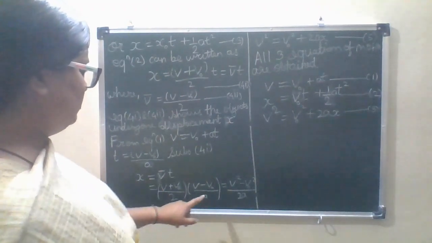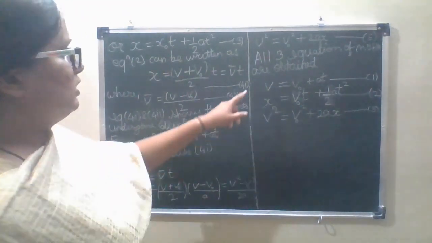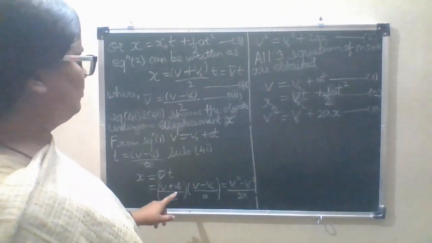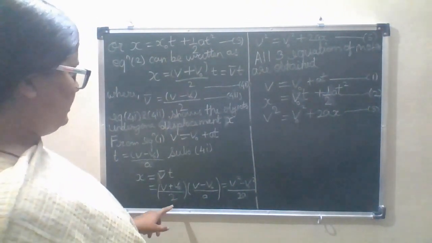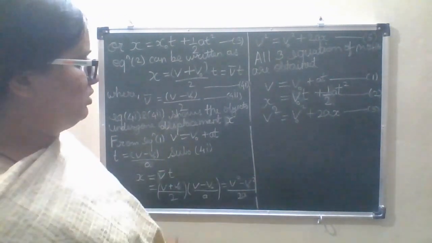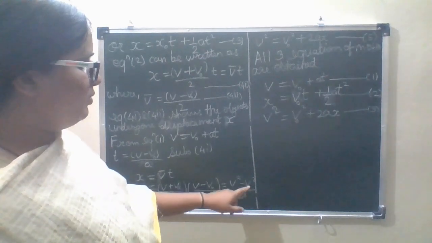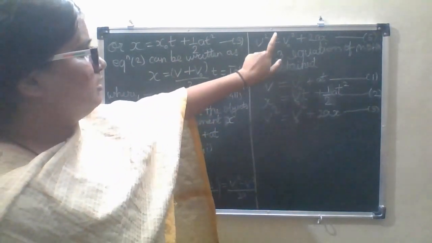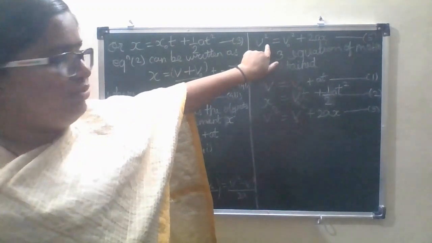Then t is equal to v minus v0 upon a, this gets cancelled, and we get v square minus v0 square is equal to twice a x. This is the third equation of motion.